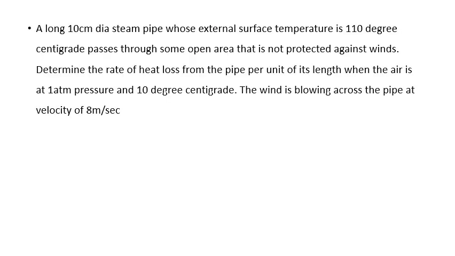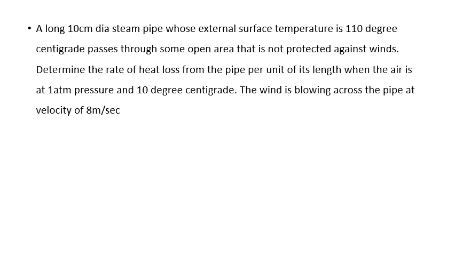In this problem, a long 10 centimeter pipe having an external surface temperature of 110 degree centigrade passes through some open area that is not protected against the wind. Determine the rate of heat loss from the pipe per unit length when the air is at 1 atmosphere pressure and 10 degrees centigrade.